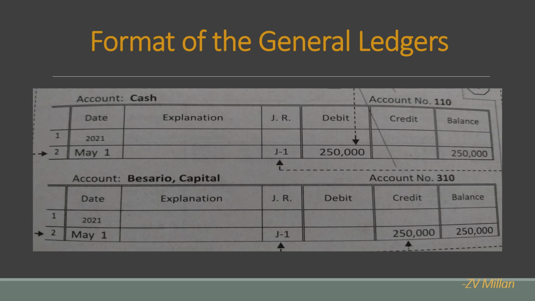Also, as you can see, in the general ledger, on the upper side of the figure, you can see the account name as well as the account number. So once the specific transactions or journal entries are already posted on the general ledger, nilalagayan na natin yung posting reference ng general journal, and nilalagay na natin dun yung posting reference kung saan natin pinost sa general ledger yung specific entry.